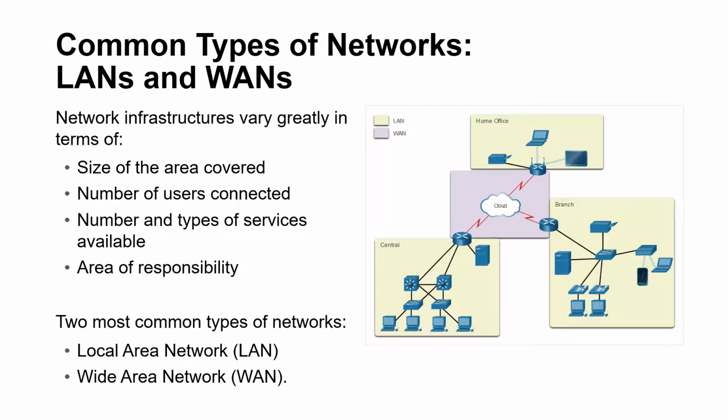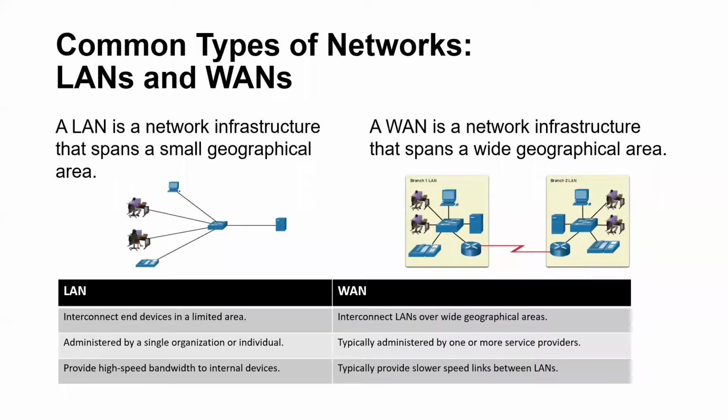These are the sizes. It actually varies greatly in terms of size of the area covered, number of users connected, number and types of services available, and area of responsibility. A LAN is used as a network infrastructure that spans only a small geographical area.